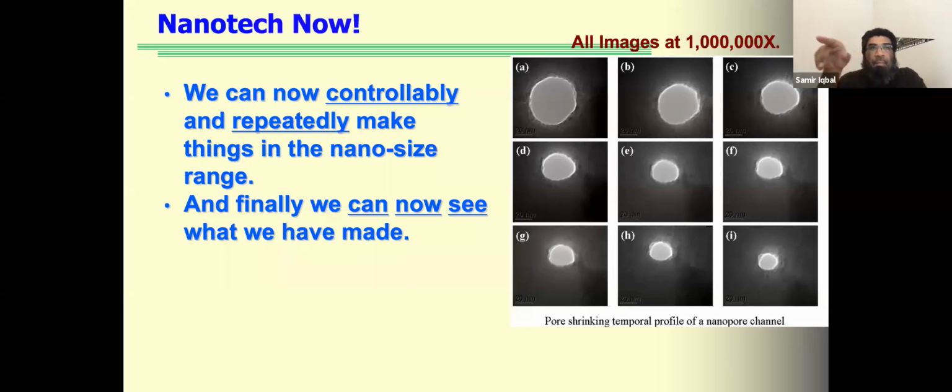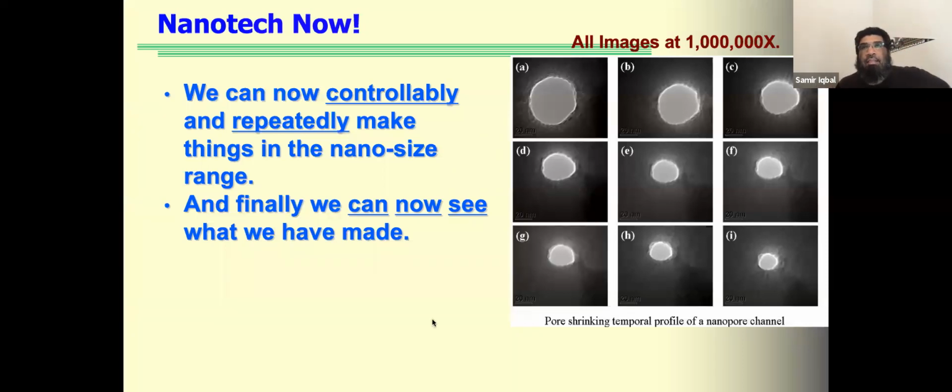So here's an example that was made at 1 million times magnification in a transmission electron microscope. I did this work, I don't know how many years have gone by. What we had was a hole in a silicon chip, and over time, going from A, B, C, over time the hole was shrinking.